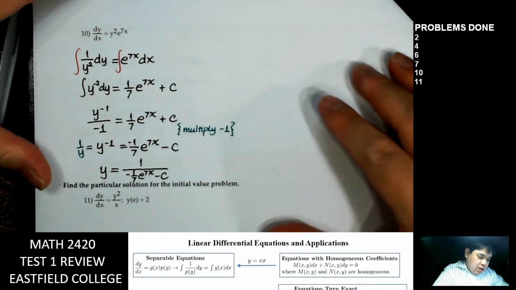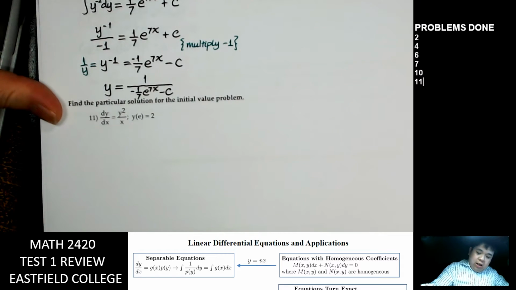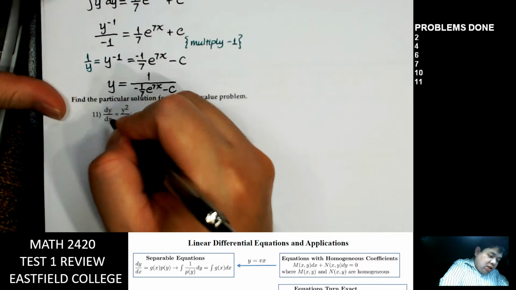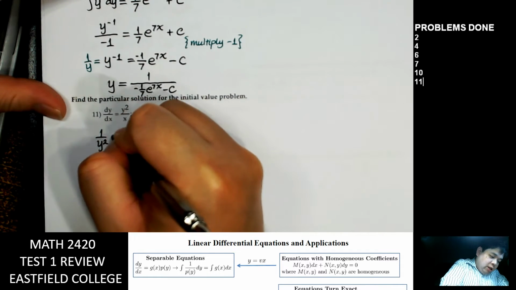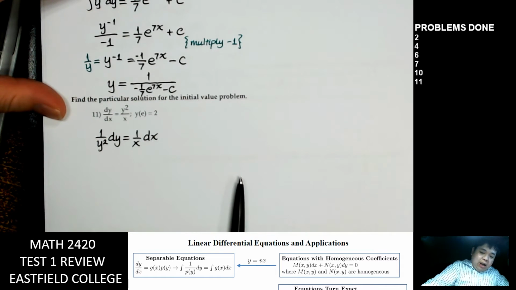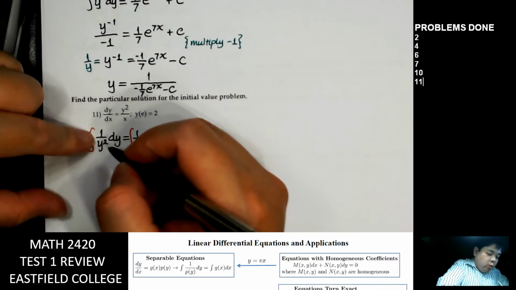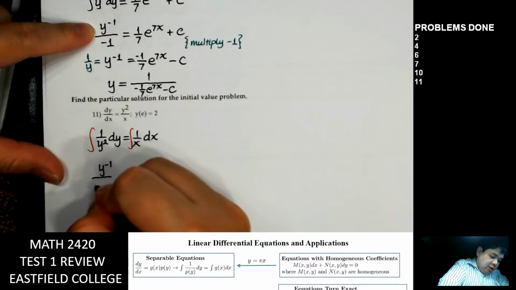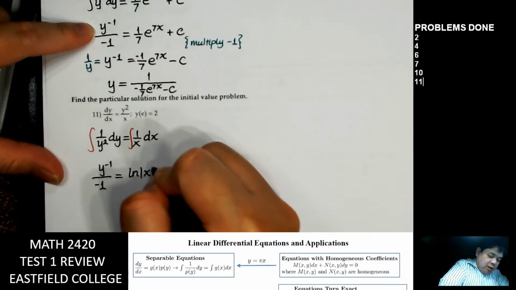Right. Let's take a look at number 11 as well. So again, it is also separable. So we separate, getting x on one side and y on the other side. So we have 1 over y squared dy equals 1 over x dx, and then we integrate both sides. The integral of 1 over y squared, we already did that before. And the integral of 1 over x is ln of x plus c.